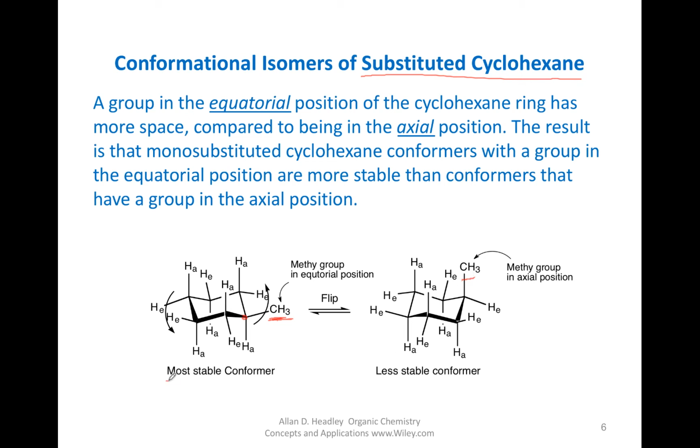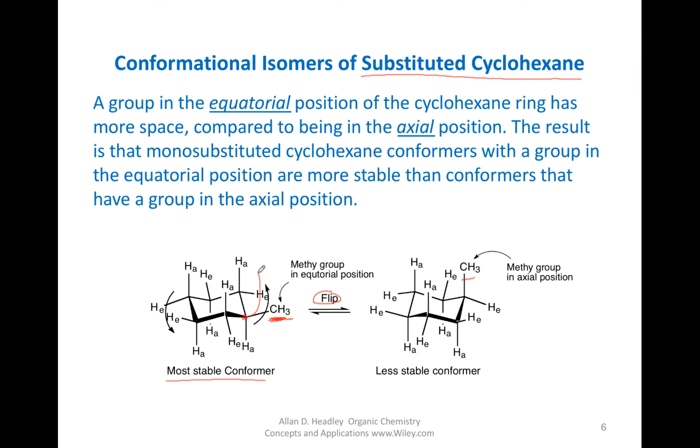So the most stable conformer of a substituted cyclohexane is the conformer that has the group in the equatorial position. Granted, if there's enough energy, and there is enough energy at room temperature, there will be a flip of conformers to put this in the axial position.